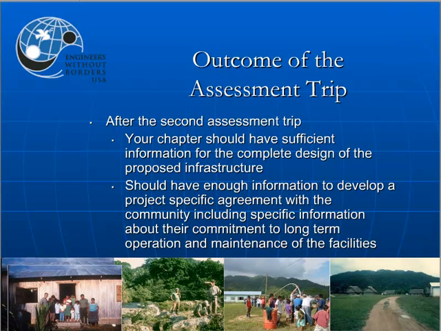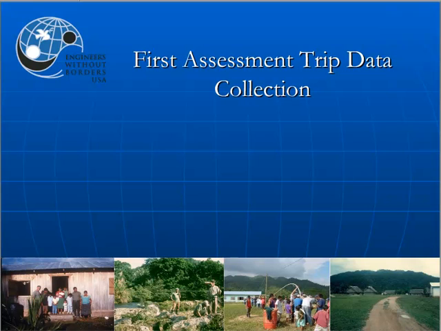You probably want to present it to the community on this trip, with enough information so that you can tell the community, if we install this water supply project, you are going to have a financial burden of X amount, and this is how we would suggest that you potentially take care of that financial burden. So you should have really sufficient information for a project-specific agreement.